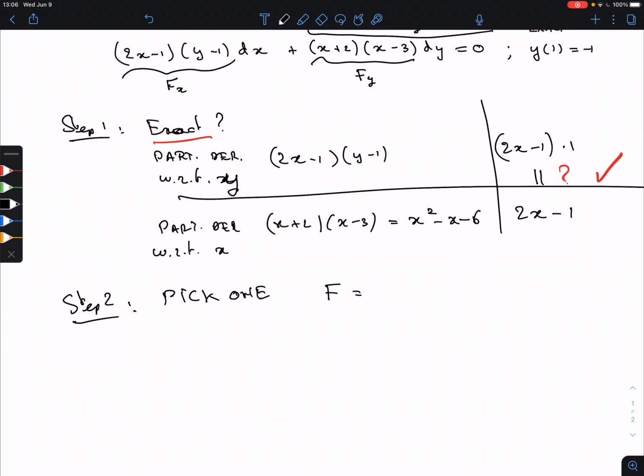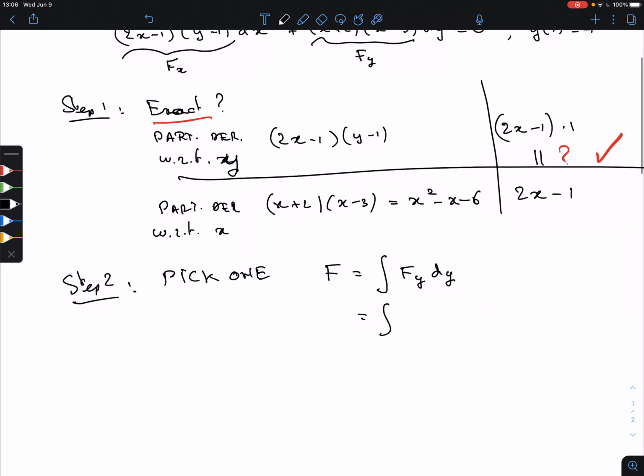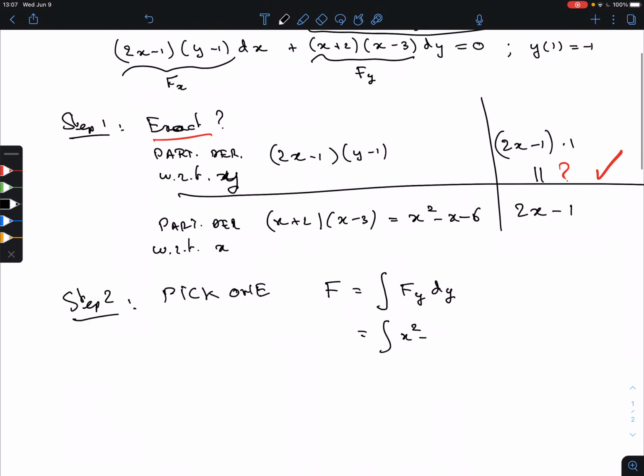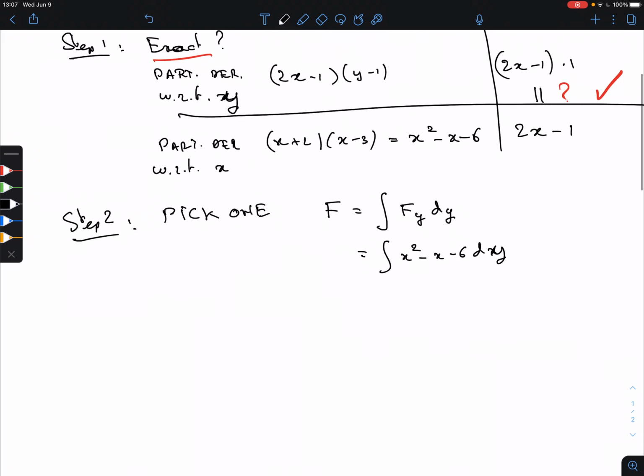So I write it with the partial in y of f equal to f_y. In this case, let's use the expanded form. Now be careful, we are doing it with y, so all this is a constant. So this is x squared minus x minus 6, and then this remains, right?